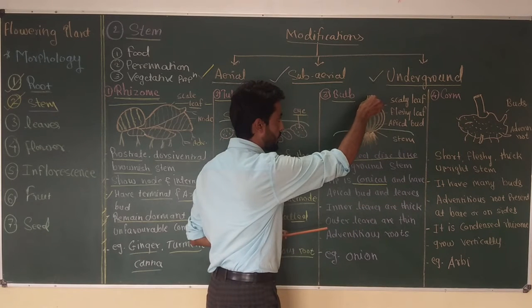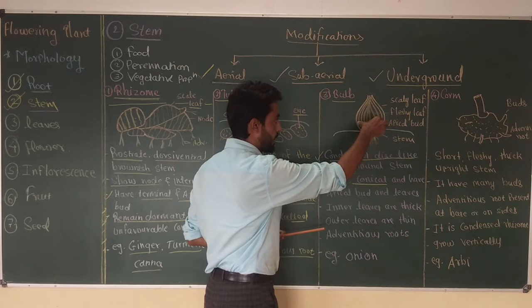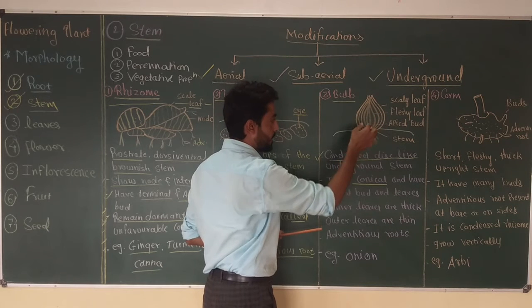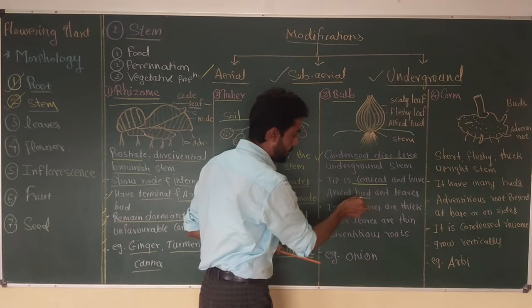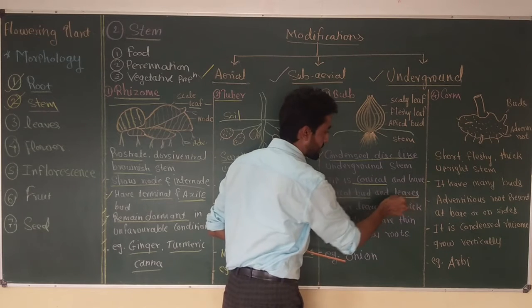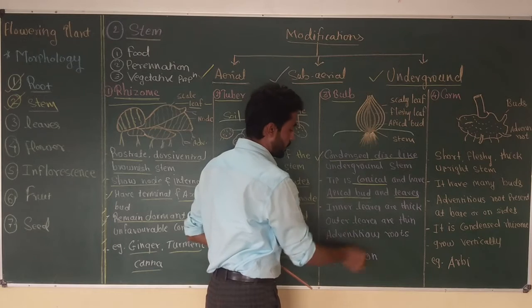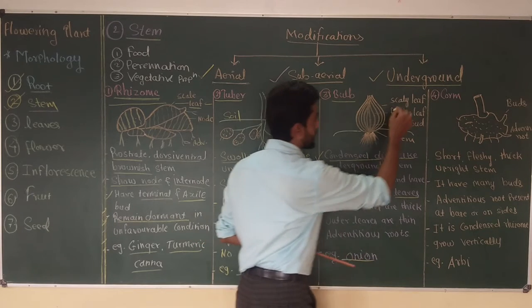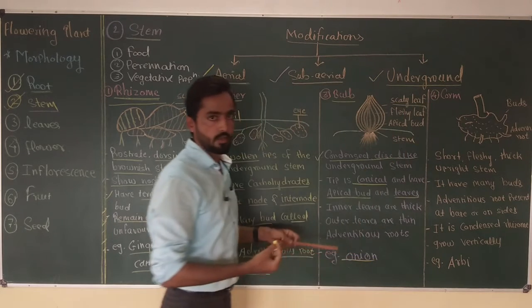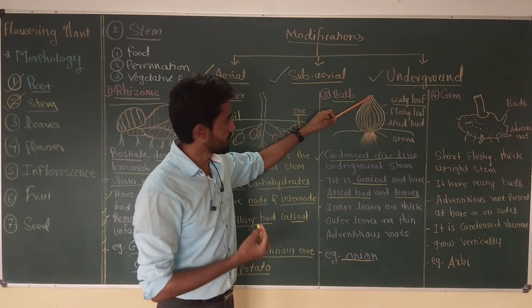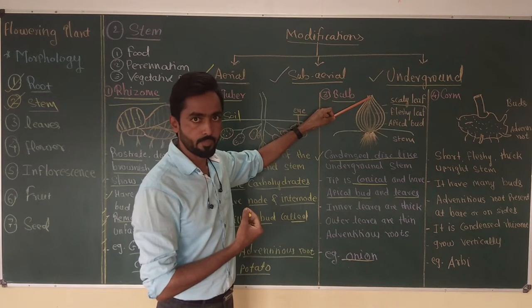Now it becomes broad at the base, and this conical tip has an apical bud and many scaly leaves. All these parts of the onion are nothing but scaly leaves, and the tip of the stem is conical.